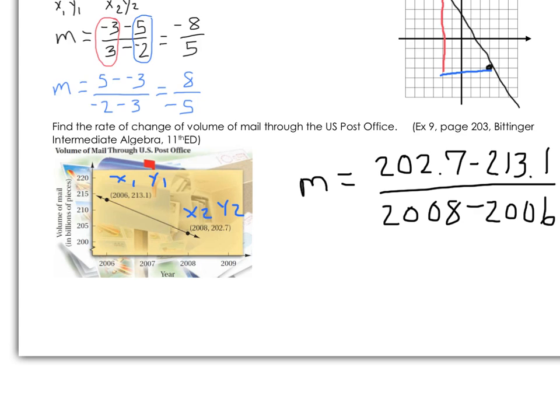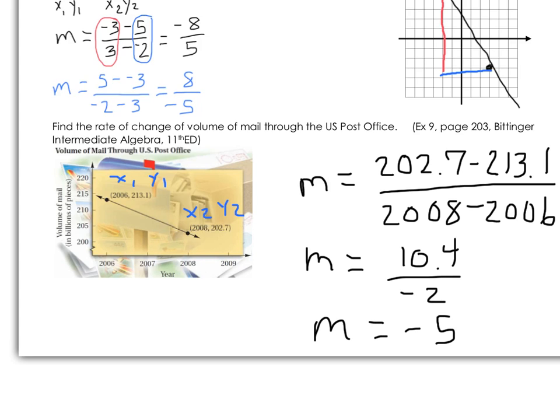So that gives us m equals positive 10.4 divided by negative 2, or our slope is negative 5.2. And you can look at the graph and see that it's going downhill left to right. So it makes sense that that slope is negative. And that's all of section 2.4. Let's move on to the next section.